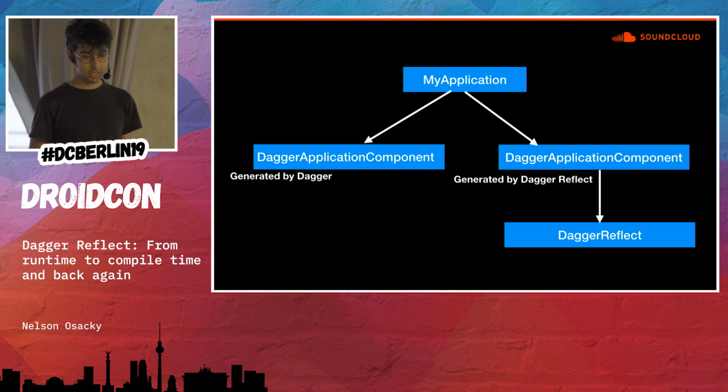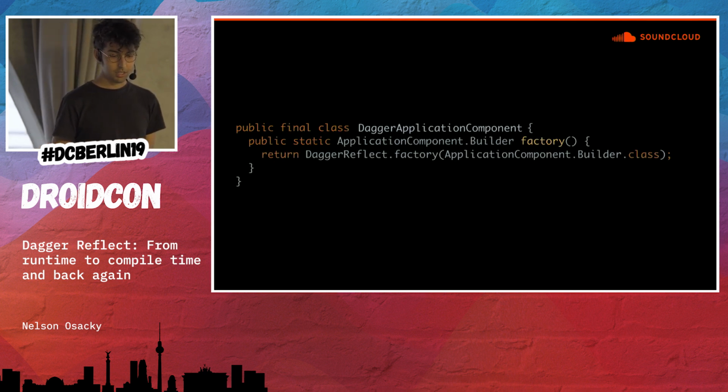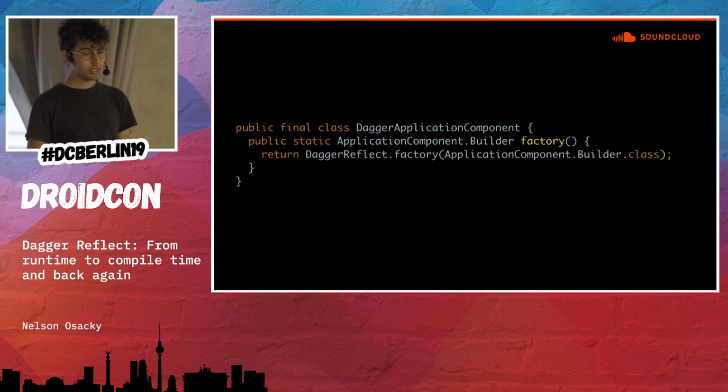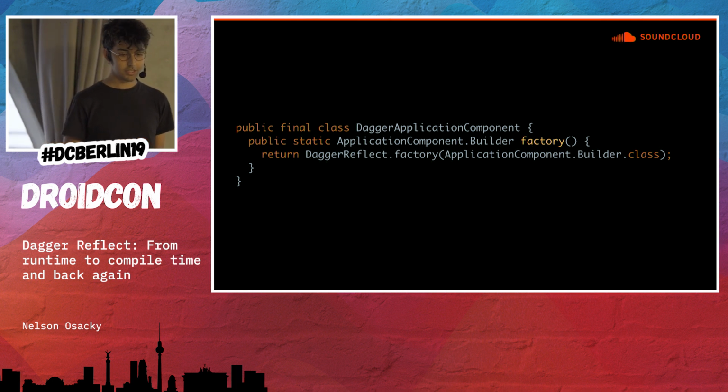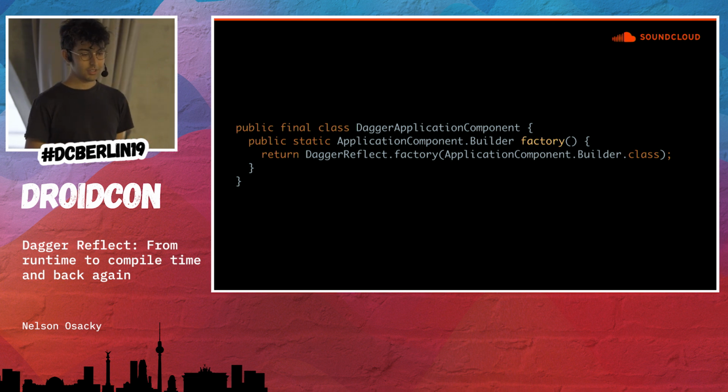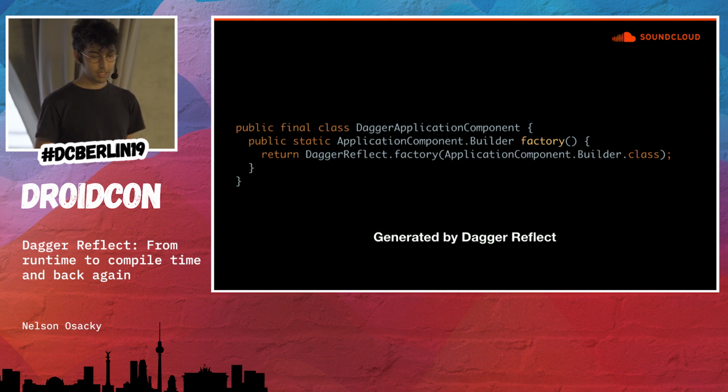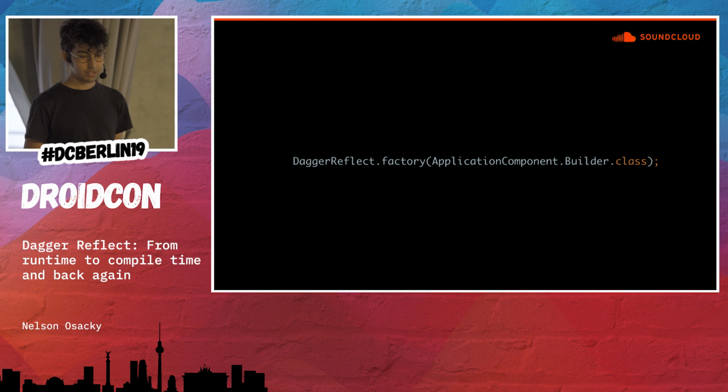So now let's take a look at how that reflection works. This is the generated Dagger application component by Dagger Reflect. It's very simple. Obviously this is just a portion of it, but it calls into the Dagger Reflect factory.